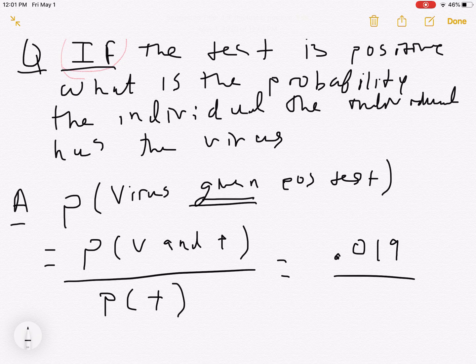That would be 2.8%, 0.028. When we compute that fraction, we're going to get that this is 66%. So there's only a 66% chance that you have the virus if the test indicates you are positive.